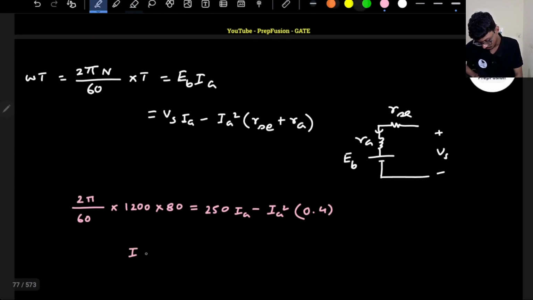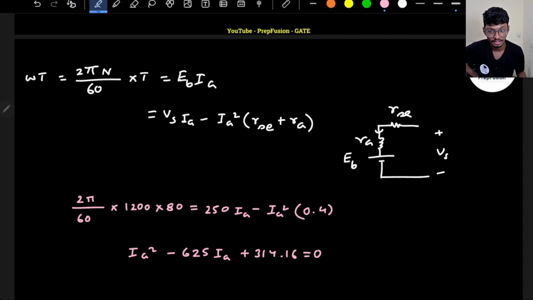So if I take Ia square to the left hand side and divide by 0.4, this will be 2 into pi divided by 60 into 1200 into 80 divided by 0.4, which is 314.16, and 250 divided by 0.4 is 625, so minus 625 Ia equals 0.